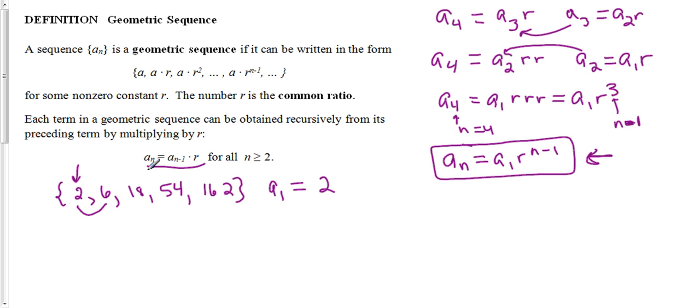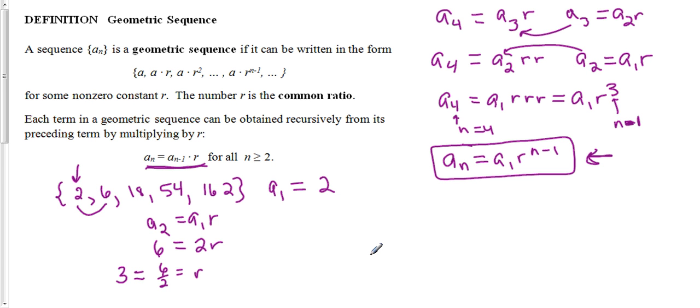By using the recursive definition, we know that a_2 is equal to a_1 times r, and a_2 is that second term, which is 6. a_1 is 2, and the only unknown in this equation is r. If I divide both sides by 2, then r is equal to 6 over 2, or r is equal to 3.